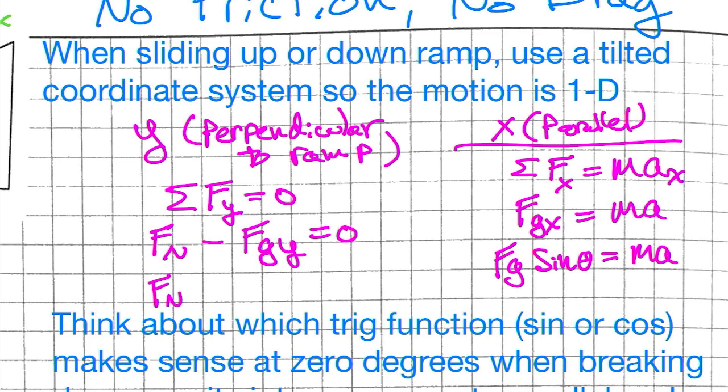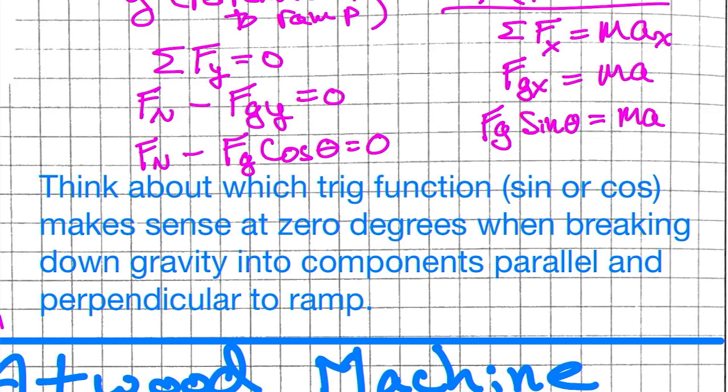And since we used sine in the x direction, we're going to use cosine in the y direction. Sine for the x direction, cosine for the y direction. Does that make sense? Yes, because at 0 degrees again, how much of gravity pulls you straight into the ground at 0 degrees? All of gravity does. And cosine of 0 would be 1.